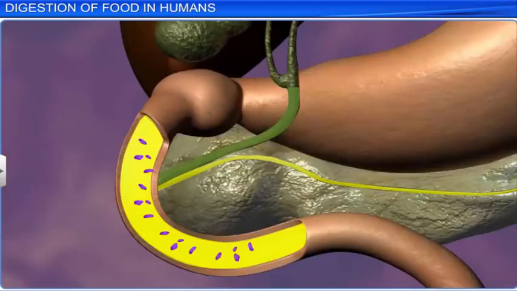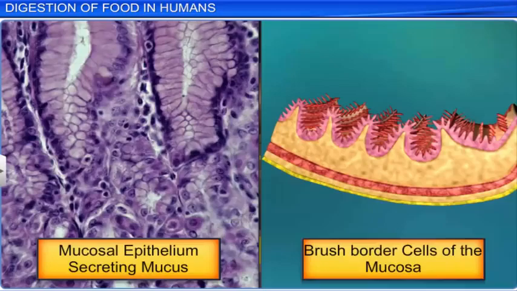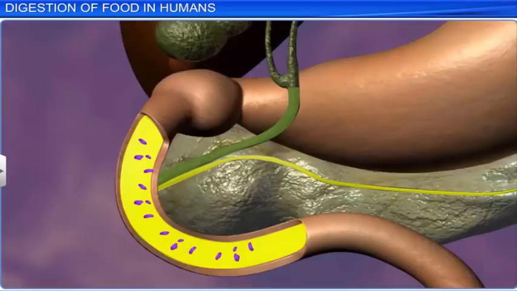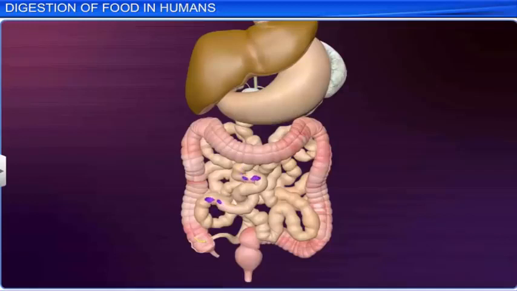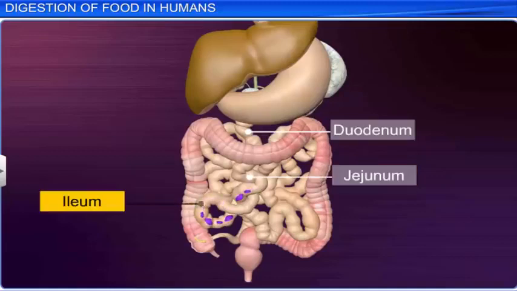This juice consists of mucus secreted by the goblet cells in the small intestine's mucosal epithelium and secretions of the brush border cells of the mucosa, and contains several enzymes such as disaccharidases, dipeptidases, lipases, and nucleosidases. The simple substances produced in the duodenum are absorbed in the jejunum and the ileum regions of the small intestine.